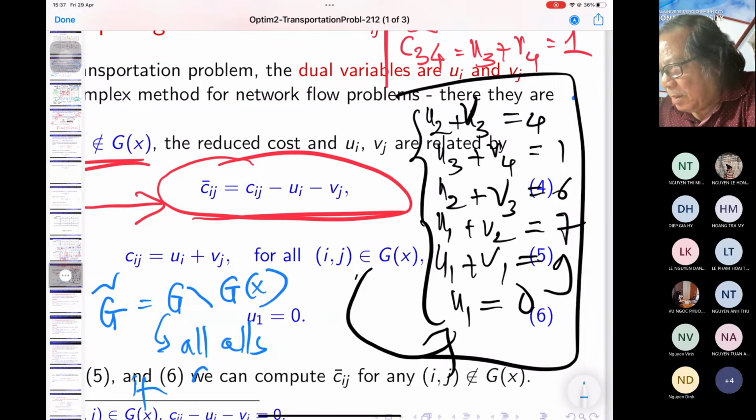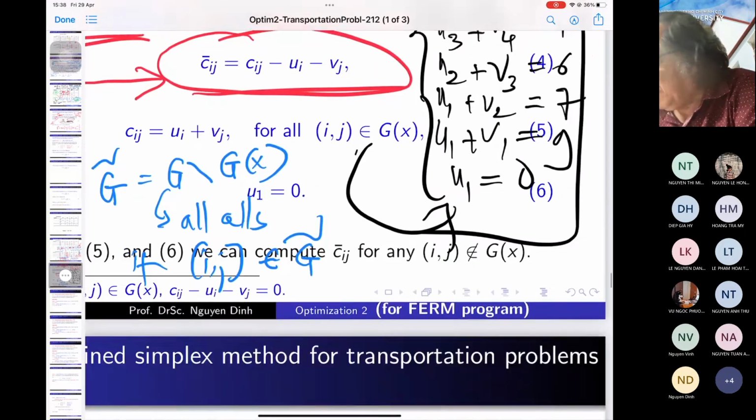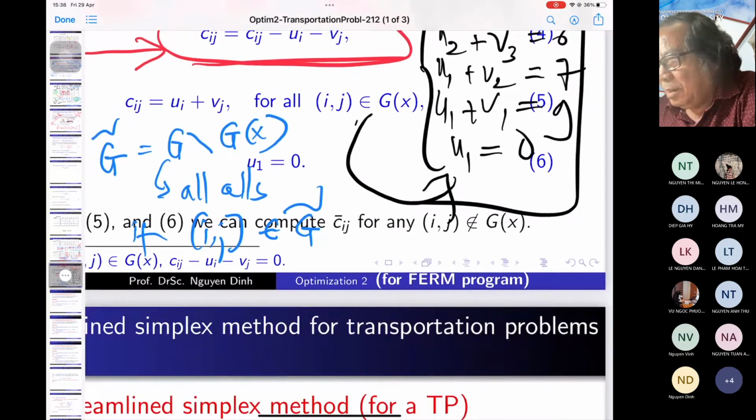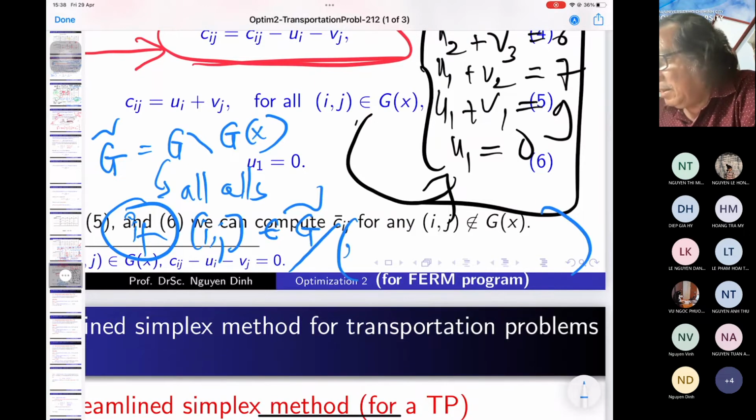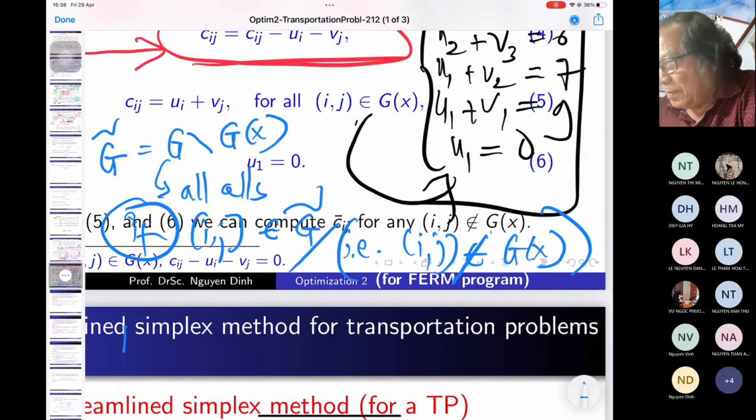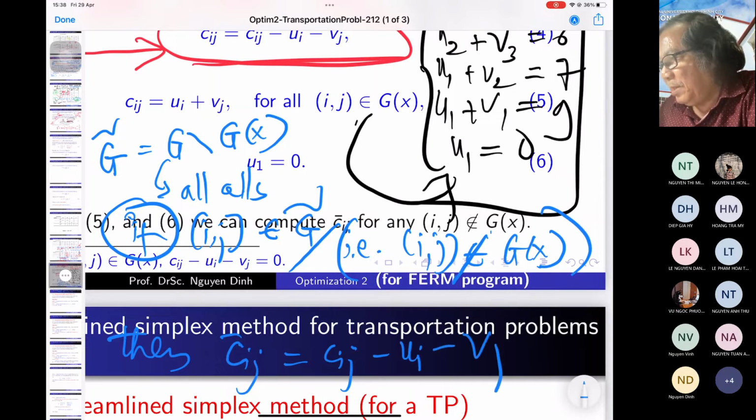And you take, if Ij belongs to G tilde. Ij belongs to G tilde means what? If it belongs to G tilde, it means that Ij here does not belong to Gx. Then what? C bar Ij equals Cij minus Ui minus Vj.